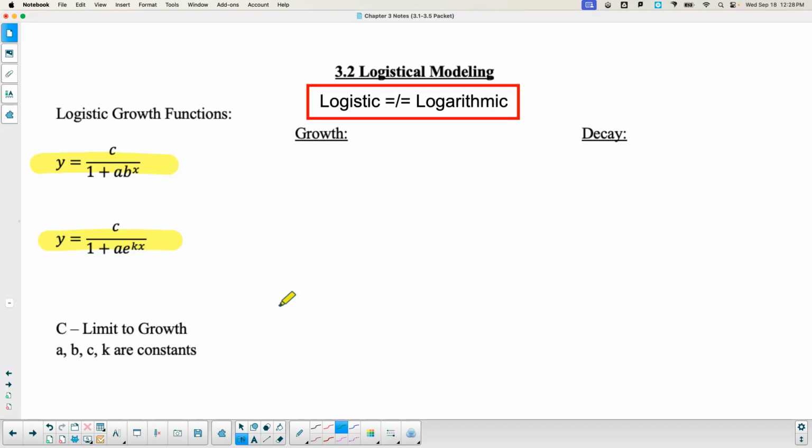The way that you determine if it's a logistic growth or logistic decay function is based off of this exponential part in the denominator. That's going to tell you growth or decay of your logistic function. And it's reverse thinking. If it's an exponential decay in the denominator, then it's a logistic growth. It's a reverse relationship.